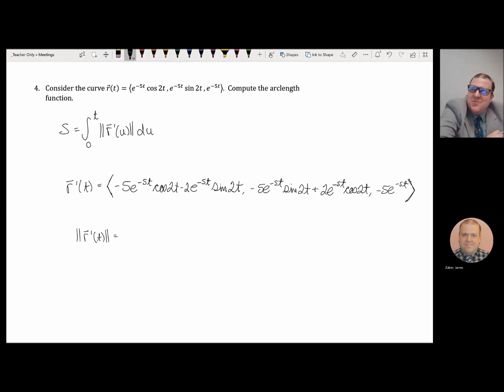We get to take its magnitude now. Oh, this will be fun. First component squared.